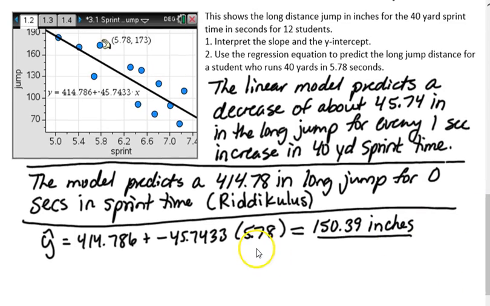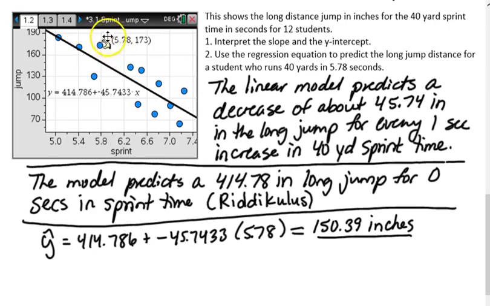The Y-intercept, the model predicts a 414.78 inch long jump for 0 seconds in sprint time. Once again, ridiculous, or ridiculous as they say in Harry Potter. The next question was, use the regression equation to predict the long jump distance for a student who runs 40 yards in 5.78 seconds.